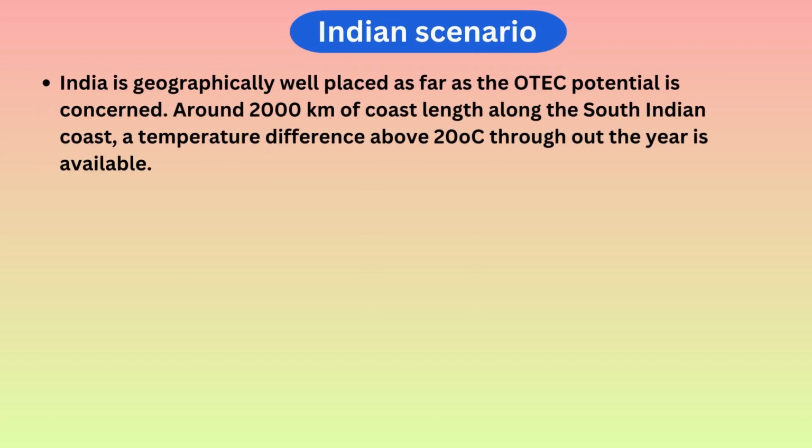India is geographically well placed as far as ocean thermal energy conversion potential is concerned. We have around 2,000 kilometers of coast length along the South Indian coast, and the temperature difference is about 20 degrees centigrade throughout the year.